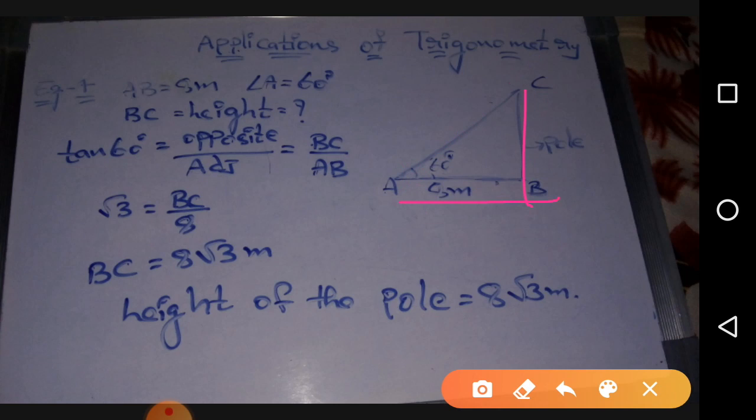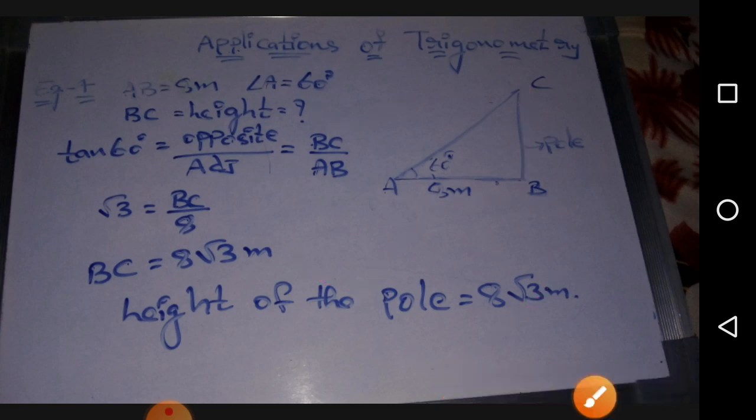So what is tan 60? Tan 60 is root 3. And root 3 equals the height of the pole, if you want to take x you can, or else let it be BC, as we have marked BC as height. Thus BC is equal to 8 into root 3. Thus the height of the pole is 8 root 3. That's it. Simple it is.